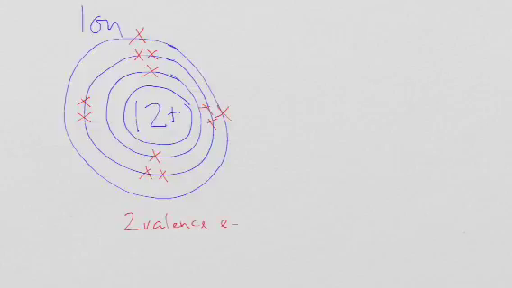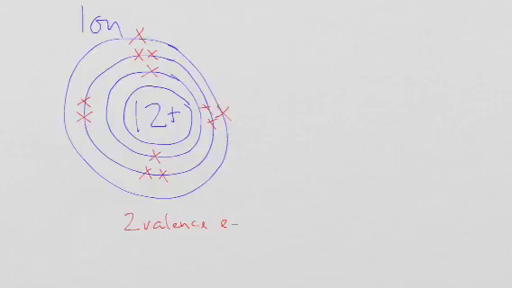Okay? What is a full shell of valence electrons in the third period? Third period has, somebody said it, 8. A maximum of 8. Sodium has 1, magnesium has 2, aluminum 3, silicon 4, phosphorus 5, sulfur 6, chlorine 7, and argon has 8.